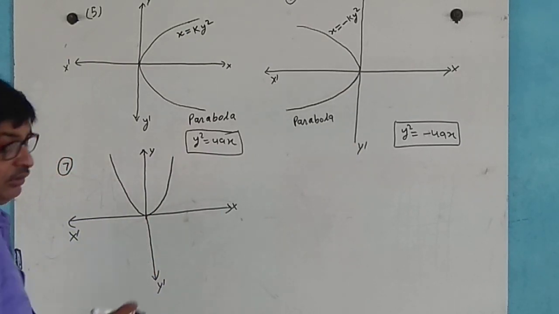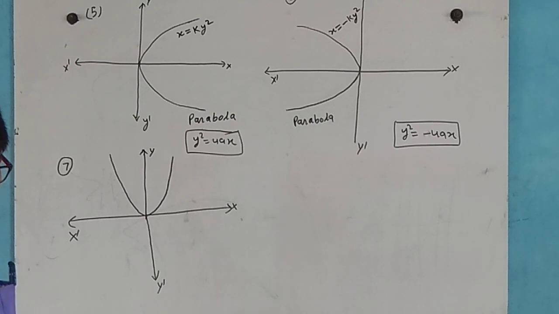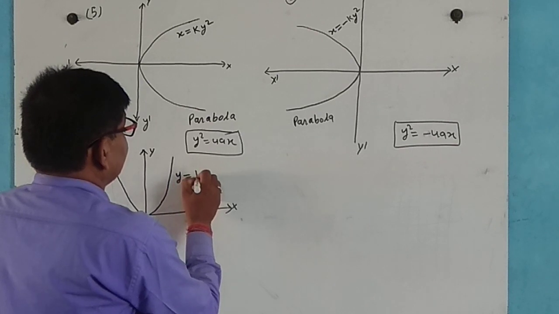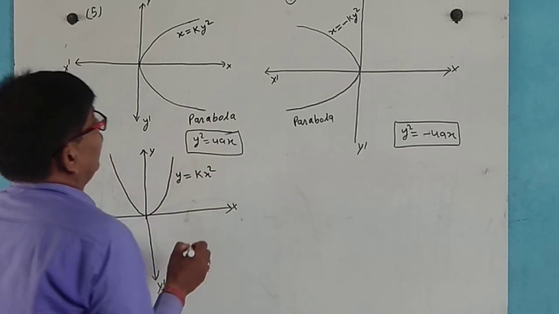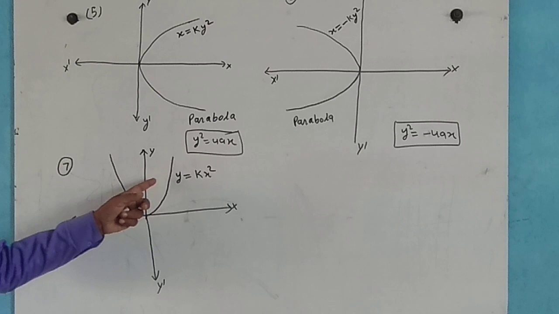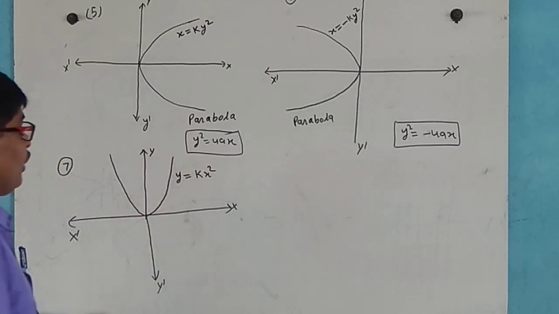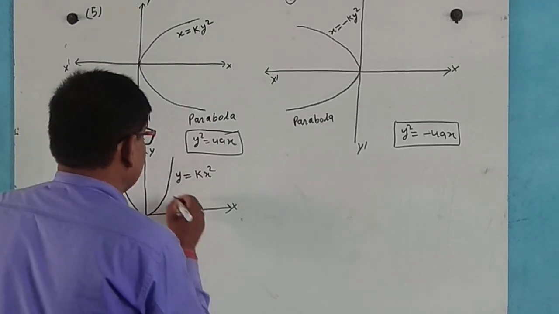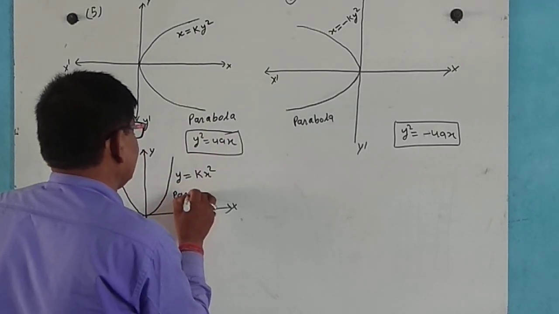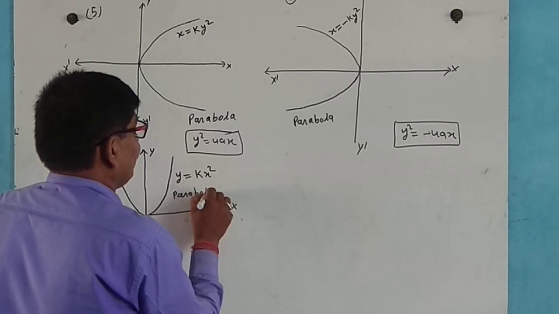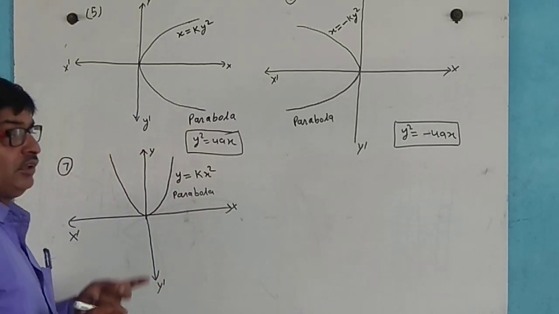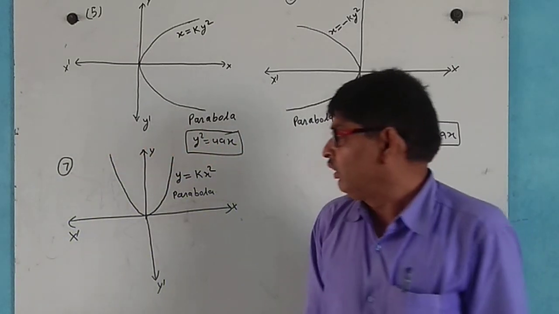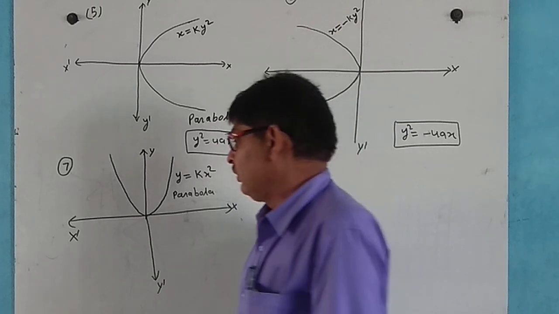The equation of this curve is y is equal to kx square. This is also a parabola, but its mouth is open in the up direction.